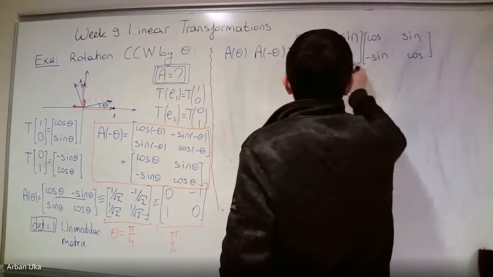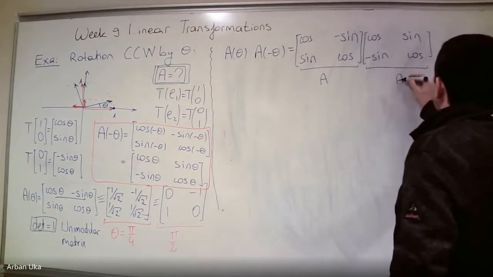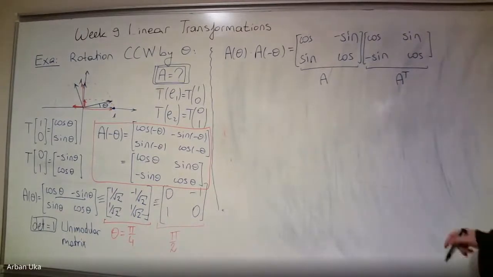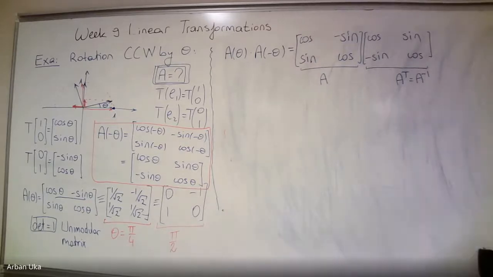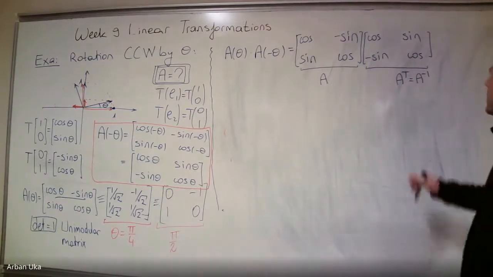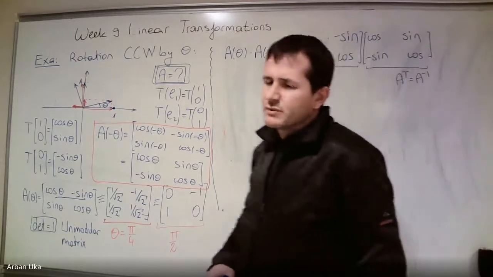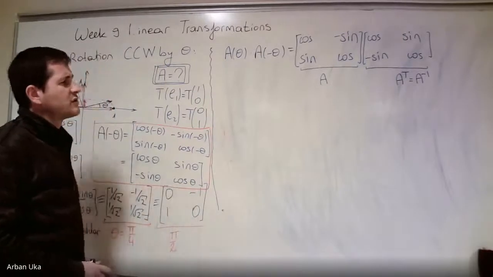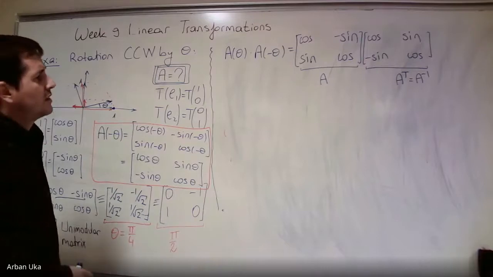Now, this was in fact A, okay? And you correctly said that this is also A transpose. But A transpose is in fact also equal to A inverse. And matrices whose transpose are also inverses have very important properties, especially when we try to change the basis of specific representations, specific solutions, specific vectors, and many more.